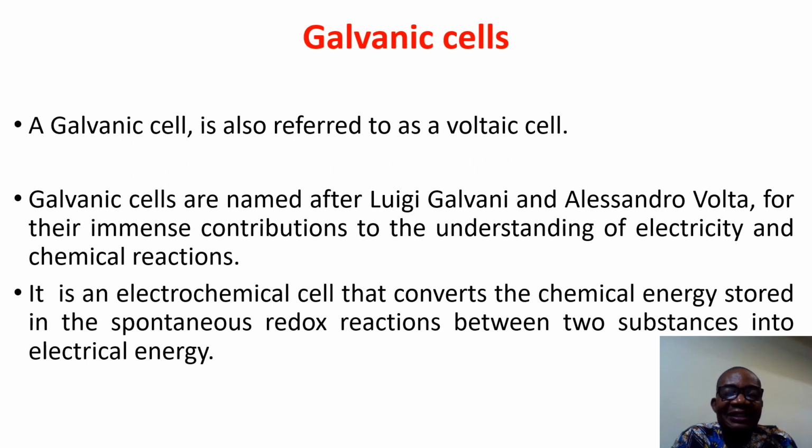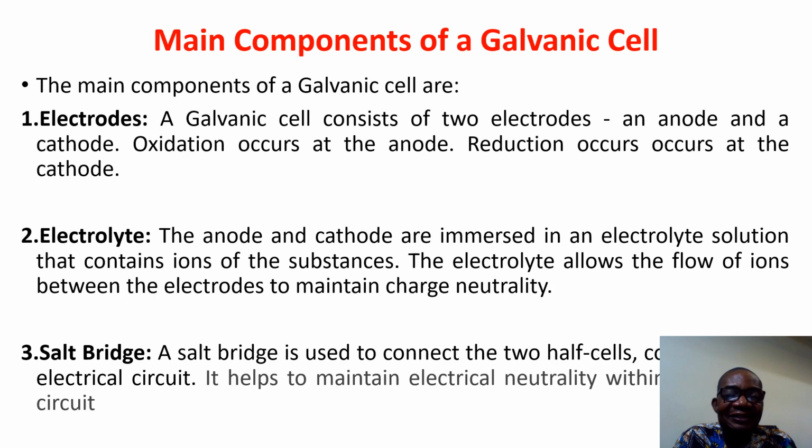So what happens in a galvanic cell simply is that it's a cell that has electrodes and an electrolytic solution that is converted into electrical energy. That is basically what happens in a galvanic cell.